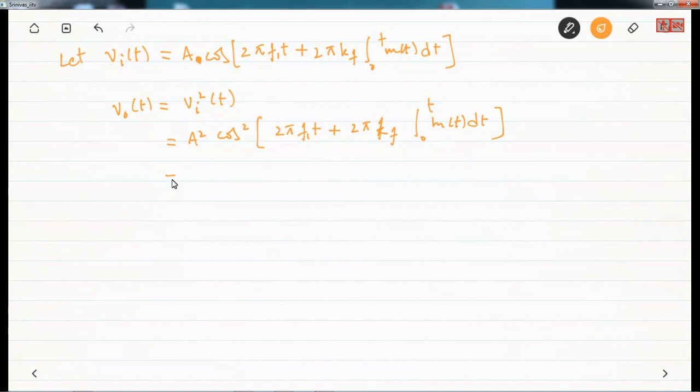So I can write this as half into 1 plus cos 2 theta, right? Cos square theta is half into 1 plus cos 2 theta.